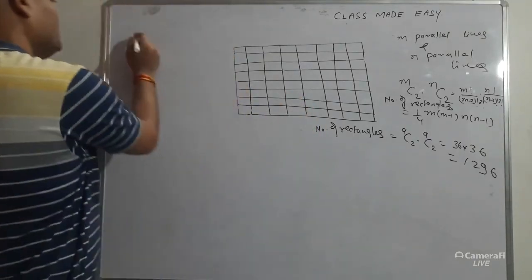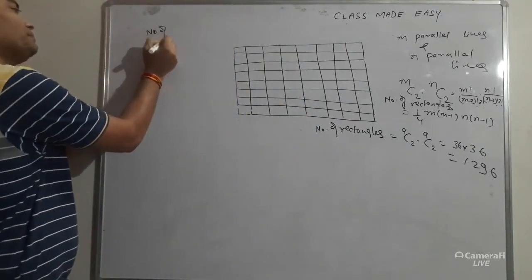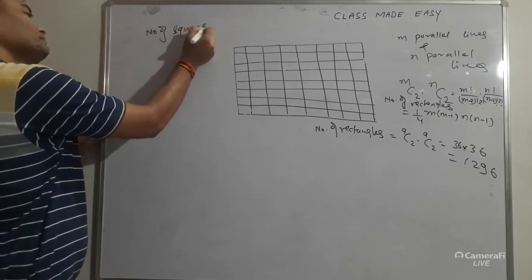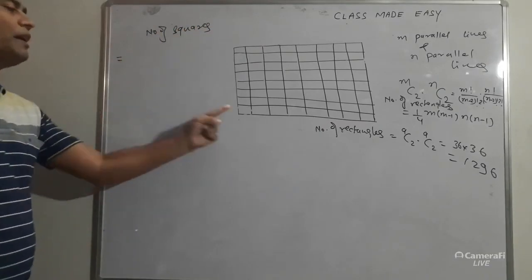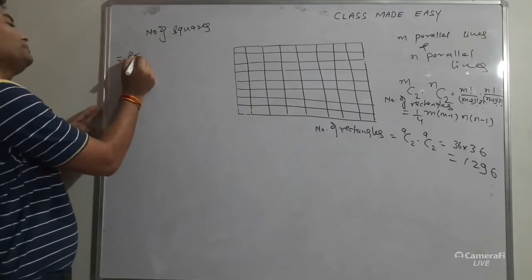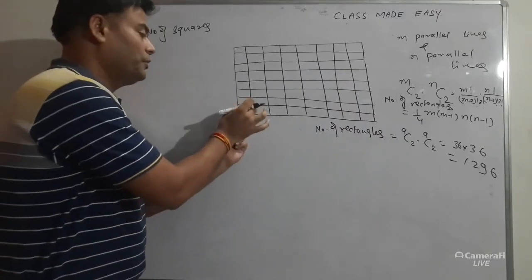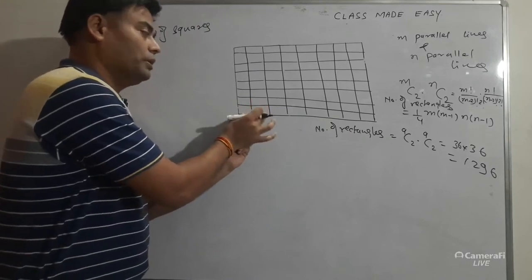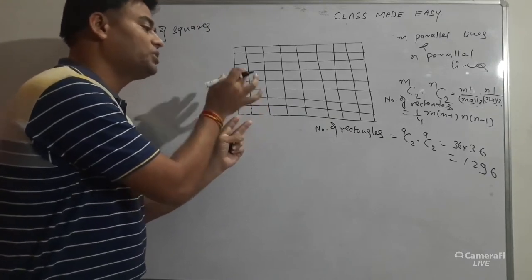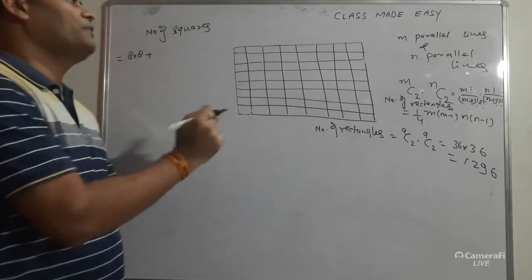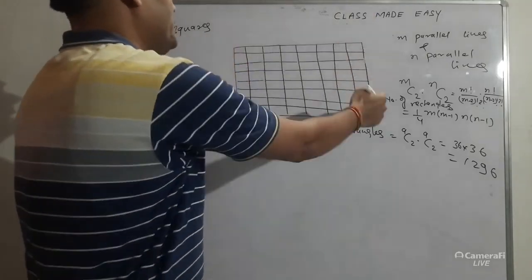So I will write here number of squares equals. So 1 by 1 size is 8 into 8 plus. So this is 1 by 1. Now we will determine 2 by 2. 1 by 1, 2 by 2, then 3 by 3, then 4 by 4, then finally it is 8 by 8.